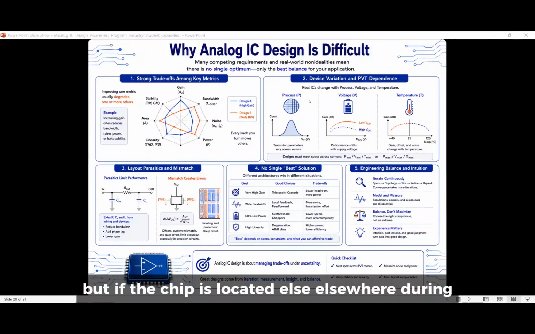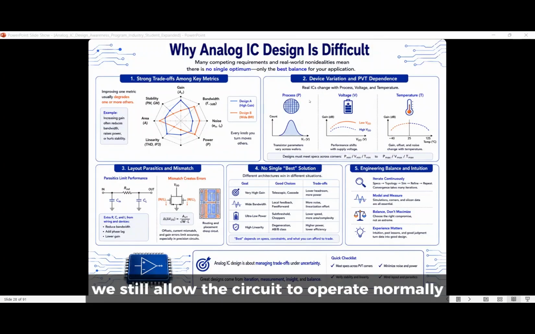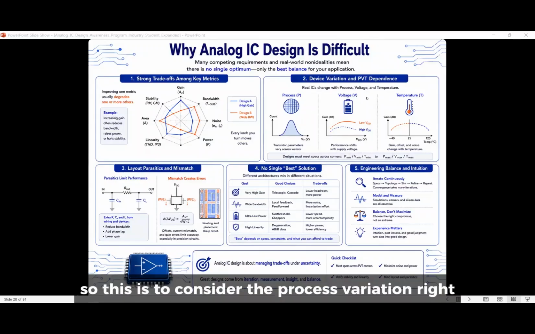But if the chip is located elsewhere, in this case, we still allow the circuit to operate normally and fulfill all the specifications. So this is to consider the process variation, right?